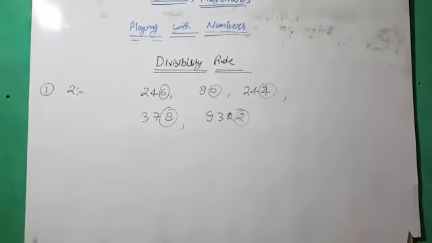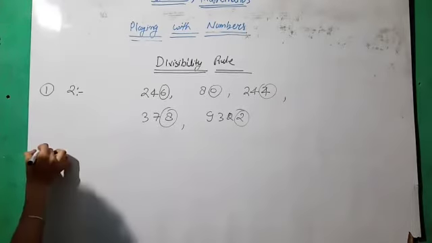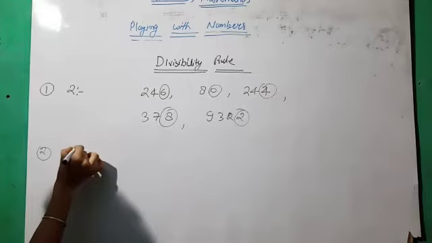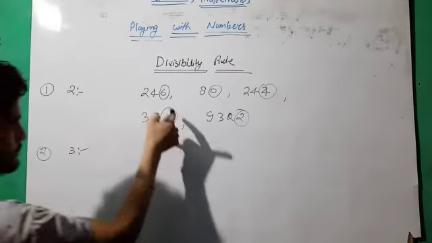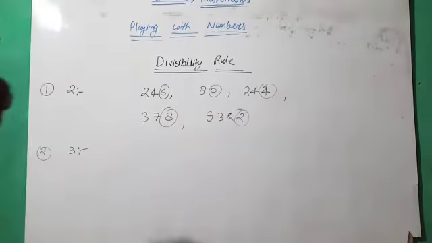If the last digit is even, 2, 4, 6, 8, 0, then the number is divisible by 2. This is very simple. We have to check the last digit. If the last digit is even, then it is divisible by 2.